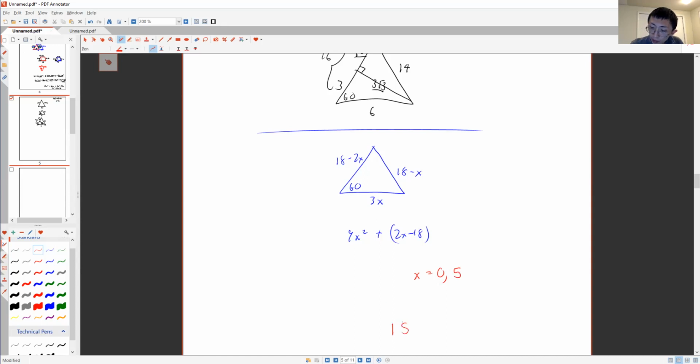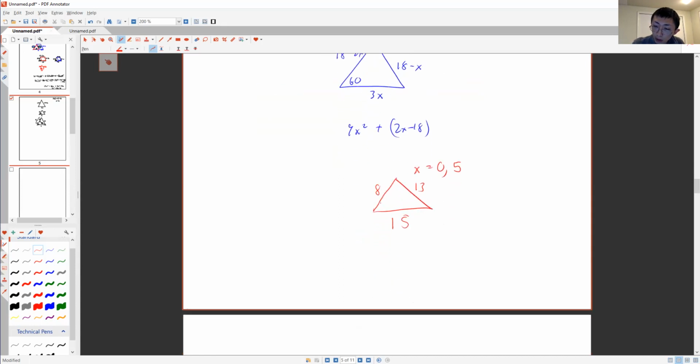So it became 15, 13, and 8. This satisfies the triangle inequality. And you can do a quick sanity check that the sides kind of work out properly. If this is 15, this is 15 halves, this is 1 half, and this is 15 halves root 3, then using Pythagorean theorem on this triangle should give the correct value of 13 for the hypotenuse.